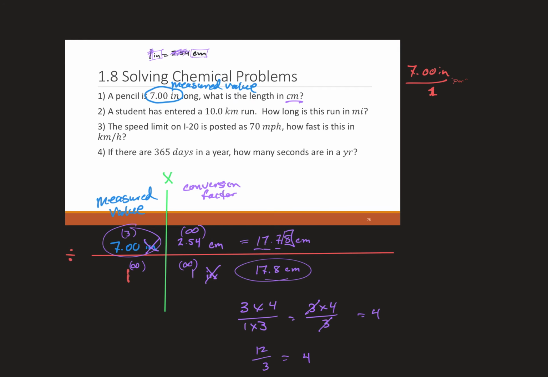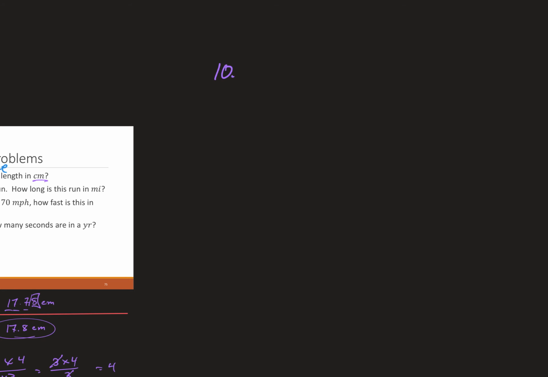Question number 2. A student has entered a 10-kilometer run. How long is this run in miles? So we have a 10-kilometer run. That would be the measured value, and we're converting it to miles. Now, you could find a conversion table that has the value. I'm going to do the full thing.